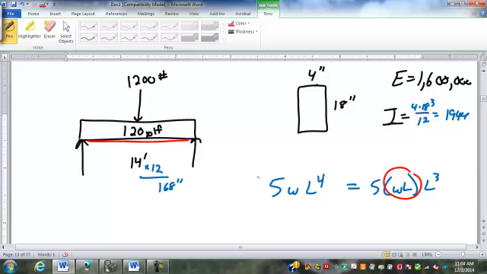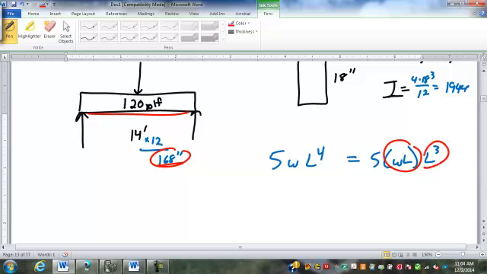So when we do this, yes, the length is 168 inches, but that's only for the third power. So this is going to be 5 times the 120 PLF times 14 feet times the 14 times 12, or the 168 inches to the third power instead of the fourth power.